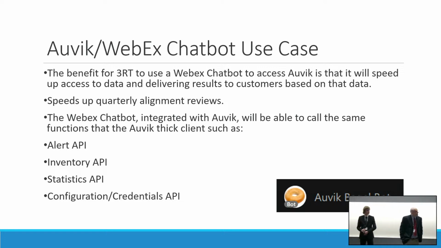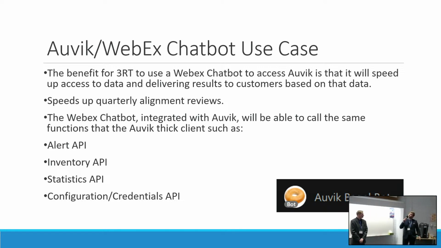All right, so what are the use cases 3RT will use this bot for? Well, it will increase the speed significantly from retrieving information from all of your devices, be it servers, switches, firewalls, routers, anything you have in there. You just go into the bot and you ask it for the device you want to get information from, and it pulls it immediately.